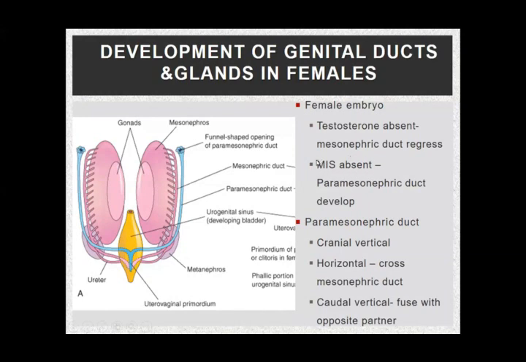Mullerian inhibiting substance was the hormone that acted on the Mullerian duct, also called the paramesonephric duct, and suppressed its development. In males, this MIS, also called anti-Mullerian hormone, acted on the paramesonephric duct and inhibited its development.